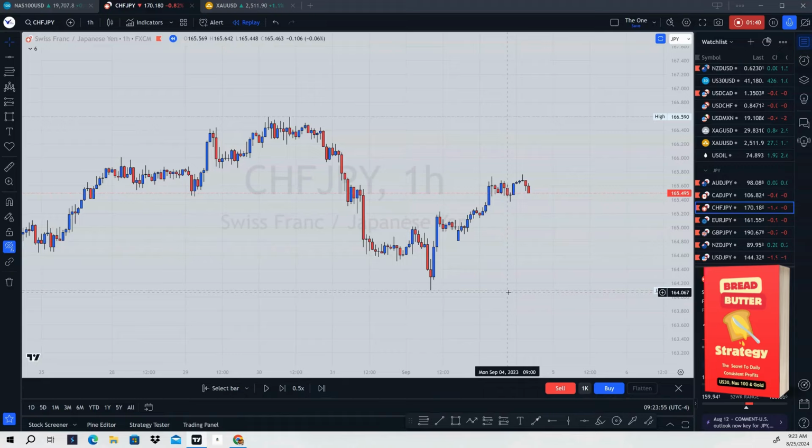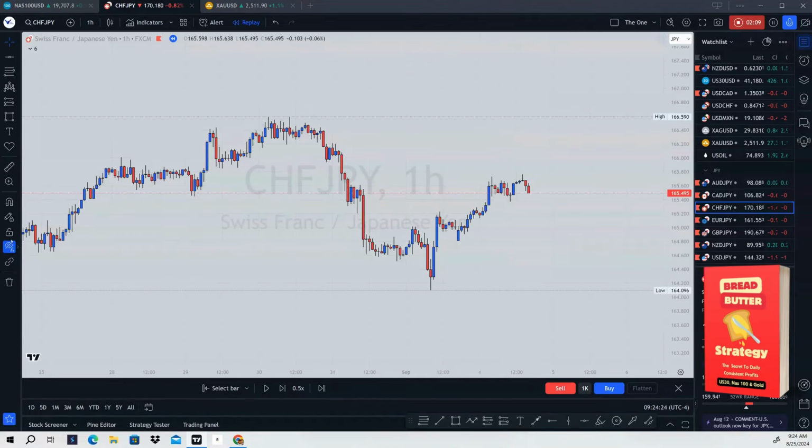Now the old cheat code, the old bread and butter strategy, was the 1 hour time frame, the 15-minute break and retest. This one is going to be 1 hour time frame, 1 hour to enter, so you don't have to switch time frames. It's all done in one time frame. Now again, you can always go to the lower time frame to try to find a better entry, but that's not what I do. So I'm showing you what works for me.